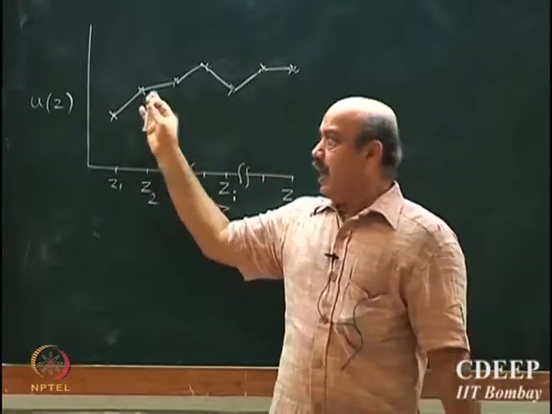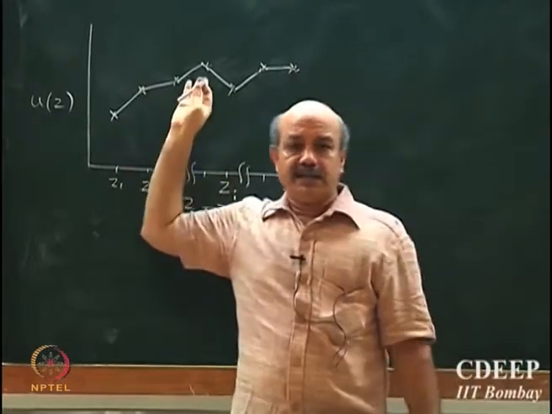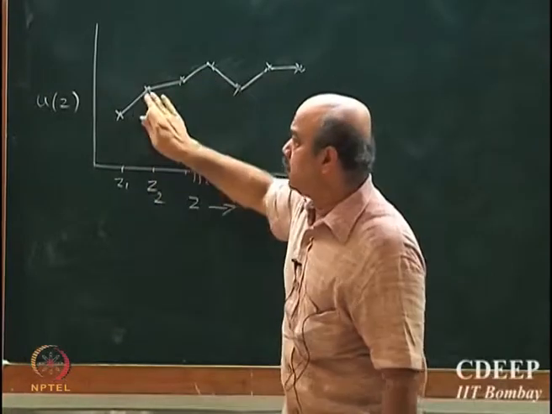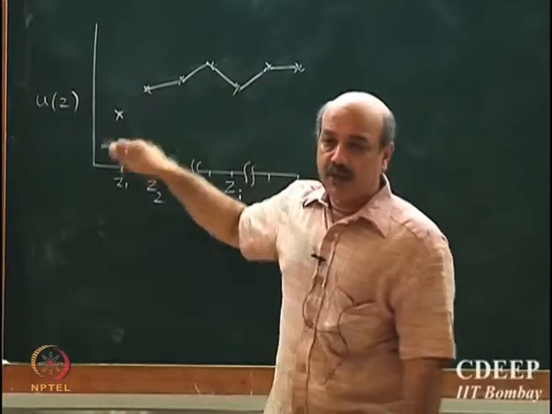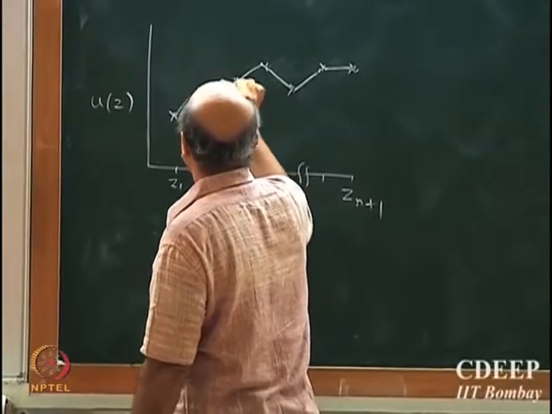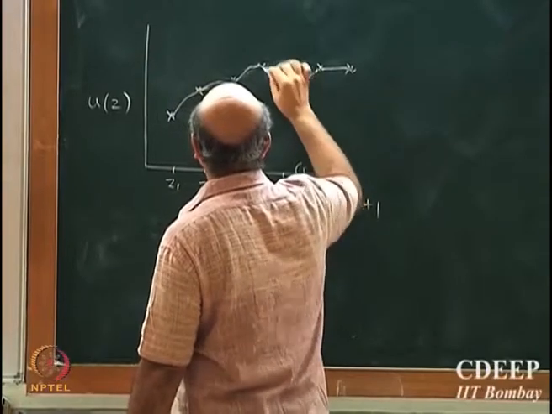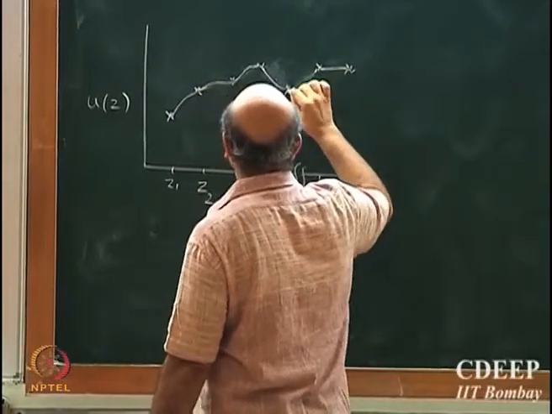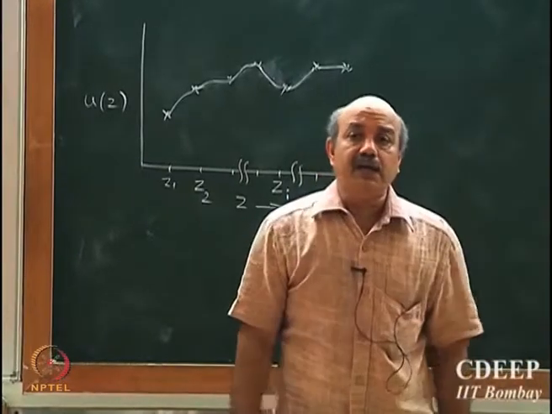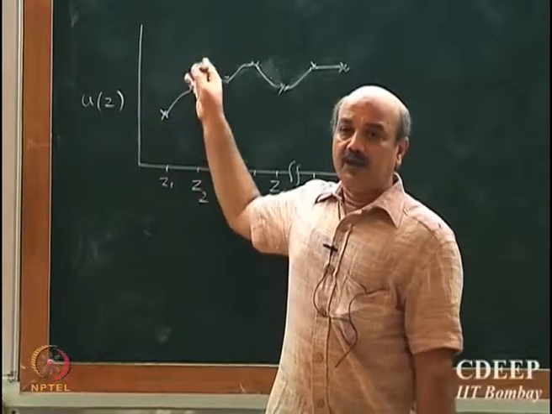We could then think of approximating this using second order, that is a quadratic equation. So each one of them, instead of a line, can be a quadratic equation. Now in general, you could fit a kth order polynomial, say quadratic, cubic, fourth order.